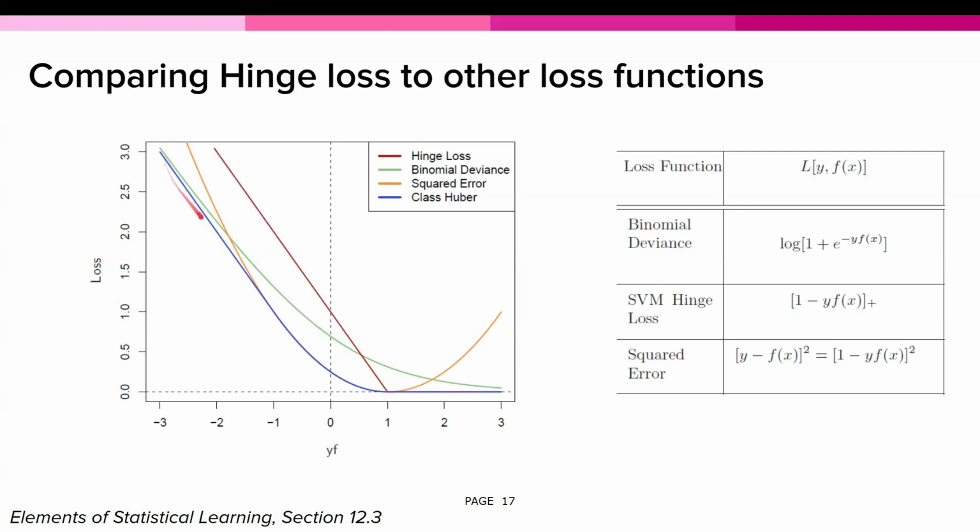The squared error loss used in regression is shown in orange. It penalizes both positive and negative errors quadratically. And then there's also something called the Huber loss, which is shown in blue, which aims to provide a smooth transition between the squared error and hinge loss. But we haven't encountered this yet. We're not going to be dealing with that today.